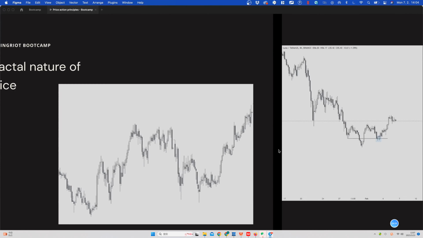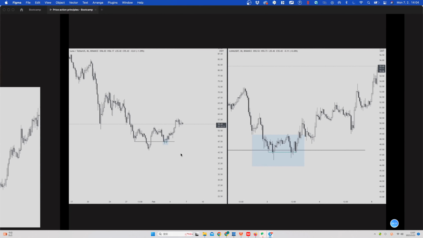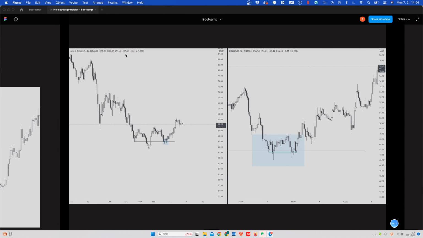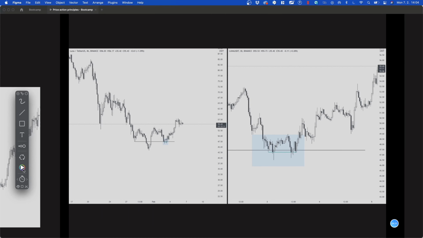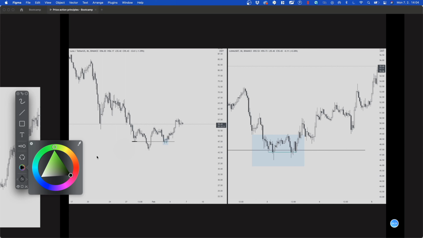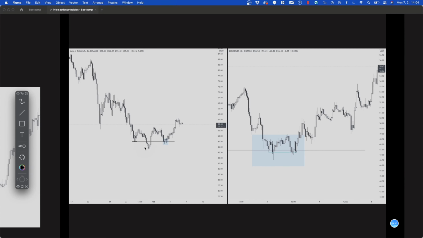If we take a look here at this LUNA/USDT, let me just highlight this so you can see it clearly. Market basically put in this kind of pattern when there was a level of support which got broken here to the downside.